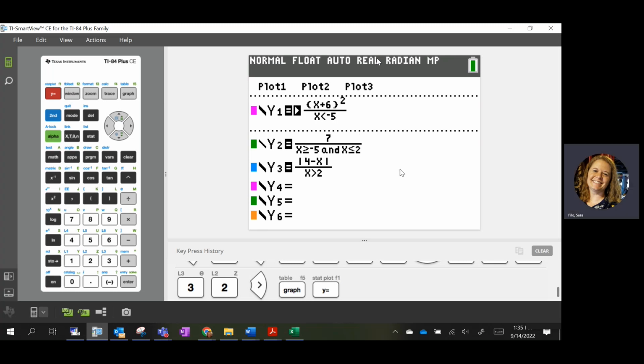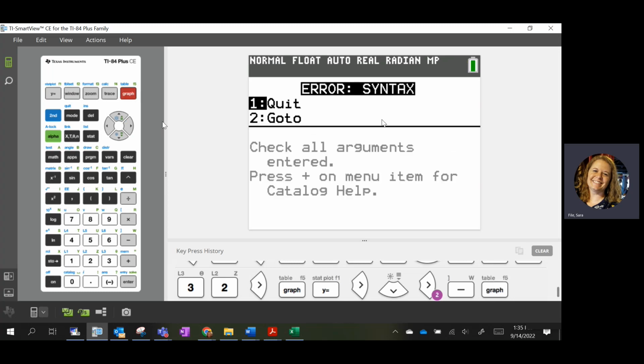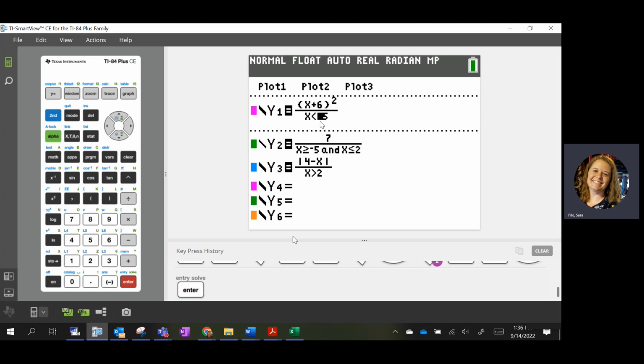Okay. All right, so it is important that you use negatives and not minuses because it'll give you a syntax error. But let me show that to you, might as well, so that everybody sees that. So for instance here, if instead of a negative 5, I had typed minus 5, when I go to graph this, when it's trying to graph that first piece, this is the error that they're getting. Don't just quit. Go and see what the error is so you know. So go to, and it's highlighting where the mistake is.